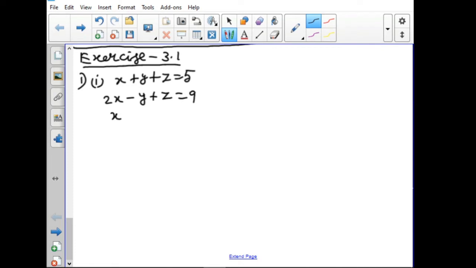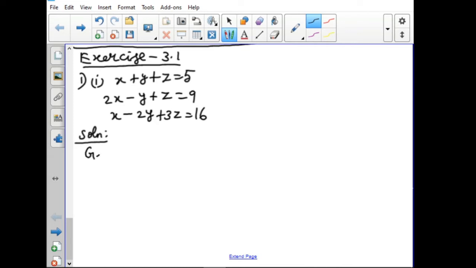Third one, x minus 2y plus 3z equal to 16. These are the given three equations. Now we are going to solve them and get the values of x, y and z.